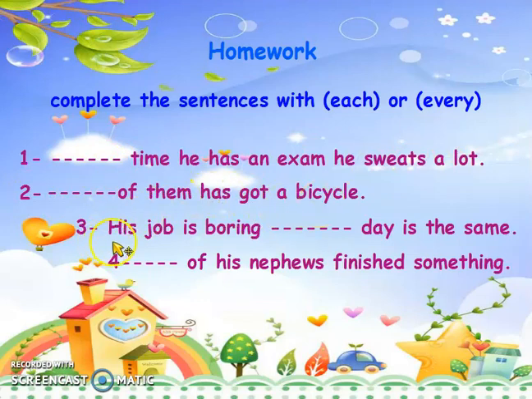Number 3. His job is boring, day is the same. So, what do you think is the answer? Number 4, the last one, of his nephews finished something. So, write these sentences in your notebook and please answer them and send me your answer. Thank you.